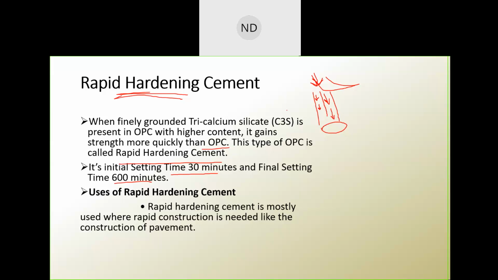So in the construction of pavements, we opt for rapid hardening cement. There is no problem if you don't opt for it also; you can use different cement depending on your purpose, what you want. You want your construction to set fast or gain strength fast, like in this particular example which I gave you.